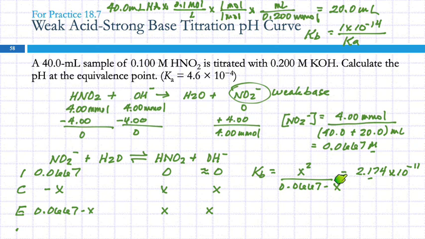And so that's where this number came from. It's like I read up there. Let's try x is small. So then I'm looking at the square root of Kb times 0.0667.